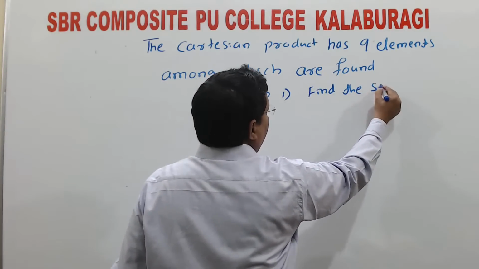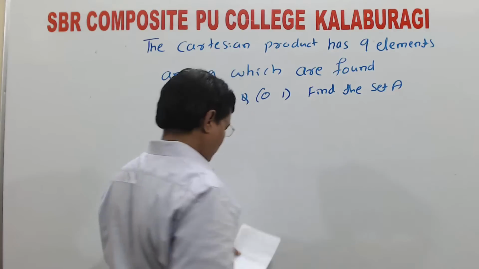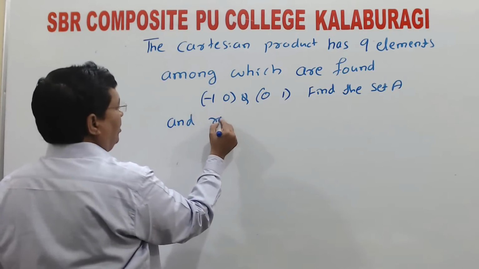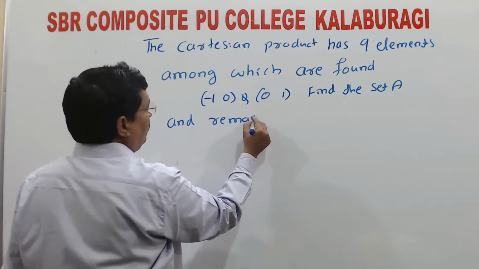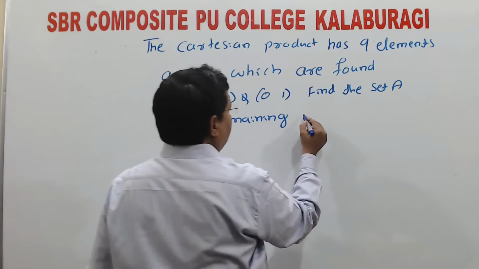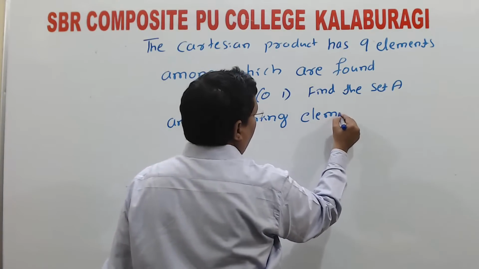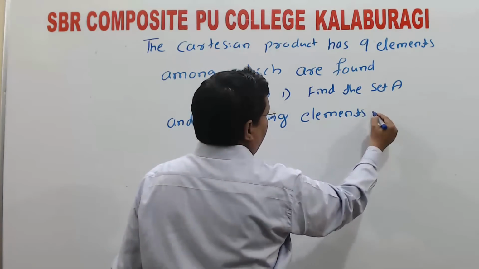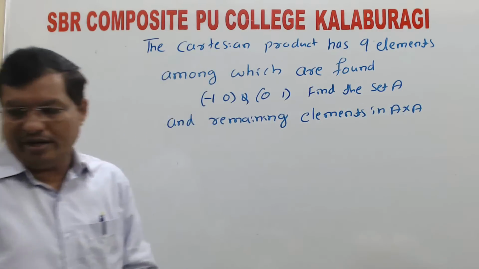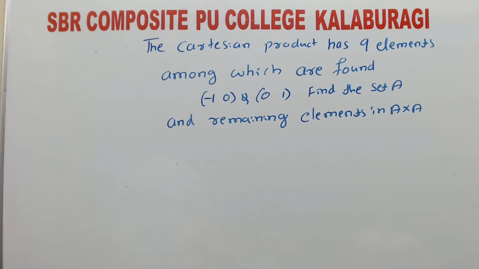Find the set A and the remaining elements in A cross A.